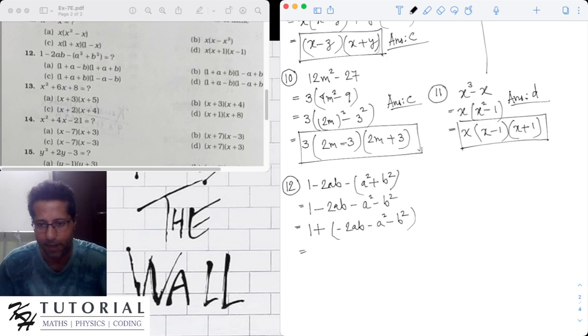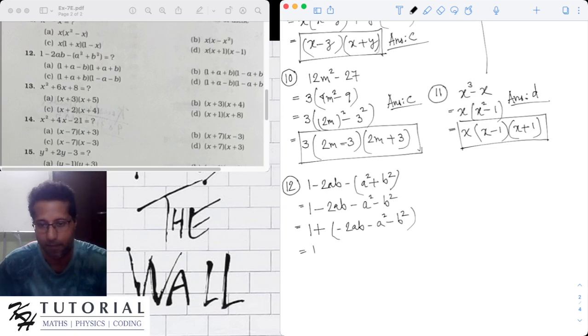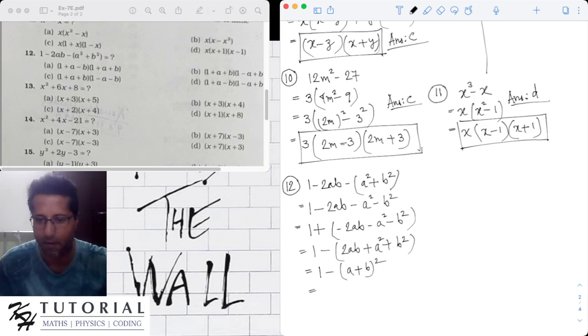Now if I take minus 1 as common from all the terms of the expression inside the bracket, I get 1 minus, taking minus 1 out, twice ab plus a square plus b square. Now we can see that twice ab plus a square plus b square is a plus b whole square. Now we clearly see it is of the form a square minus b square, because 1 can be written as 1 square.